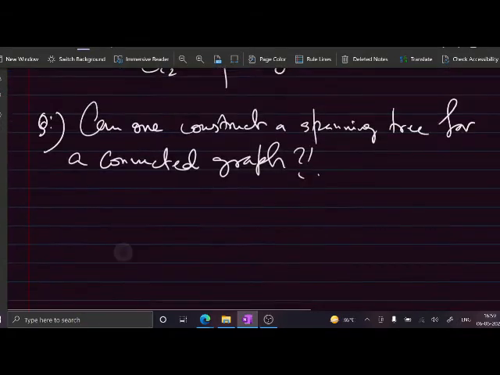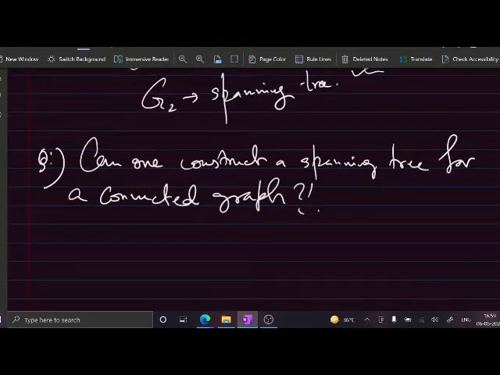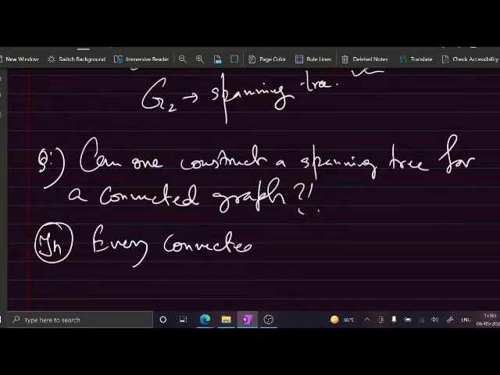So that question is a viable question: can you construct a spanning tree out of a connected graph? The answer is yes. So it must be a theorem: every connected graph has a spanning tree.